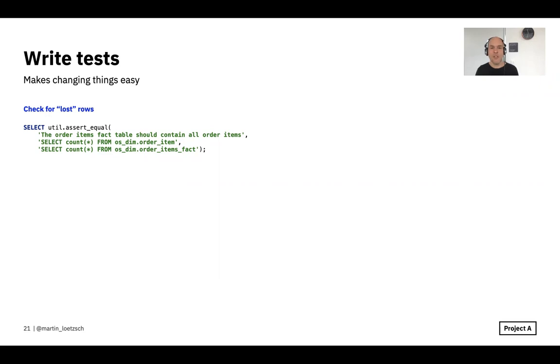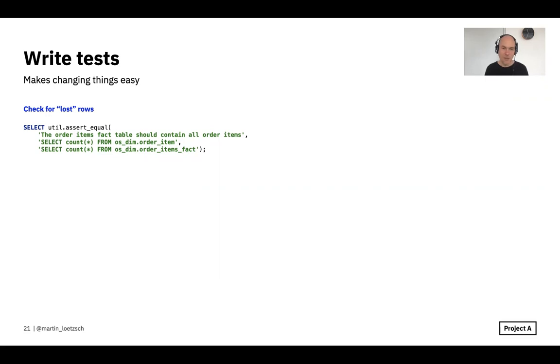We want to make sure that the number of rows in that table ended up correctly in the order items fact table, so that we didn't accidentally lose some rows with a bad join. You run that and compute these two counts, and the test passes if the counts are the same.